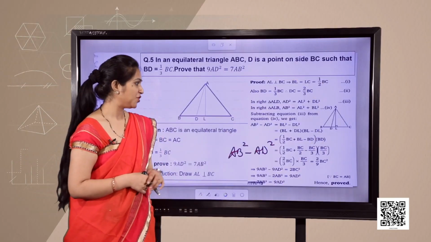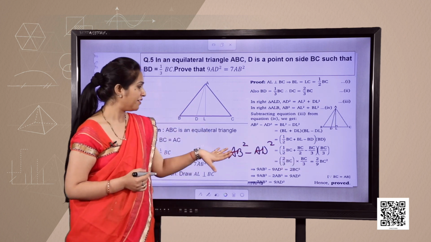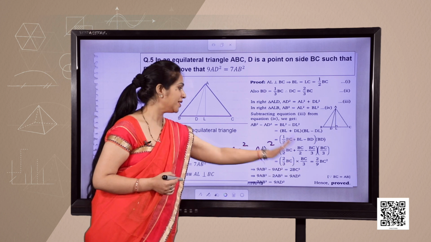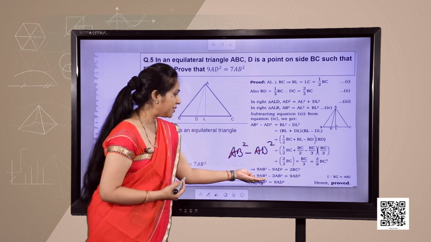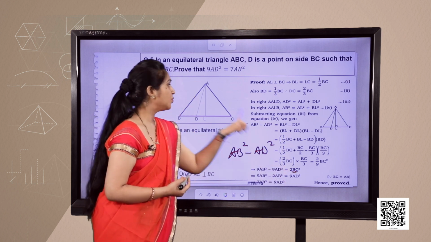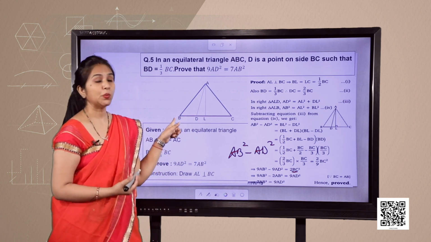So in the next step children, we will shift this 9 from the right to the left, and we will have 9 AB square minus 9 AD square is equals to 2 BC square. Now again we are doing transposition children. So we have 9 AB square minus, see this BC is also equals to AB, as all the sides of a triangle are equal, this is an equilateral triangle.